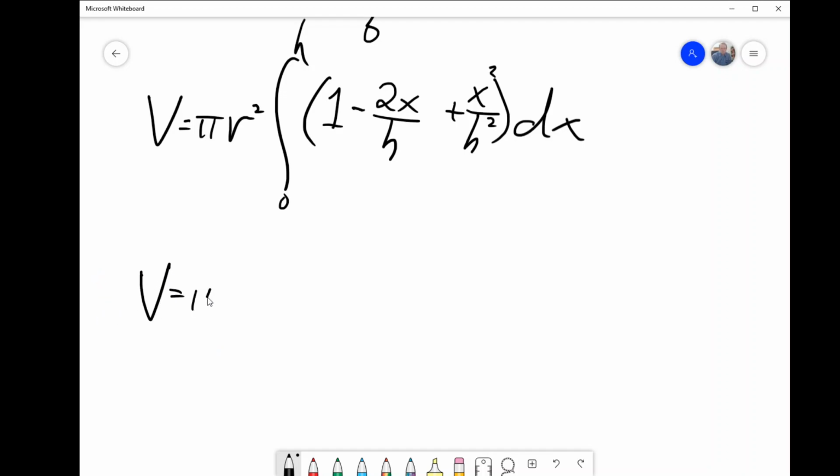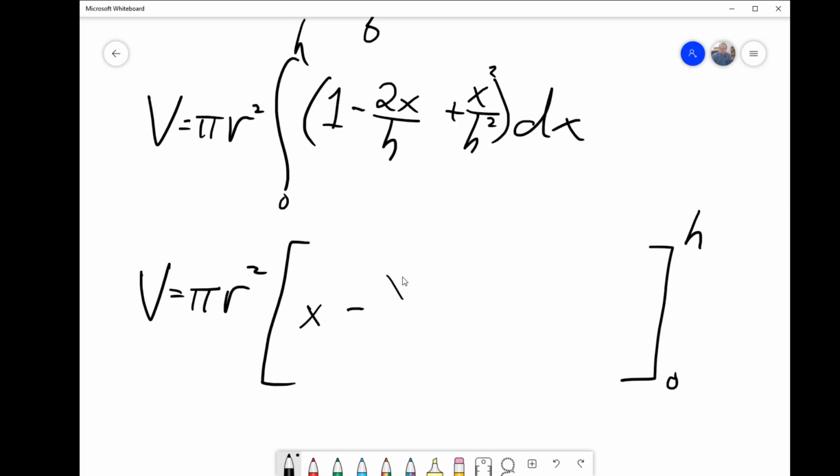So V is pi r squared. And now, taking the integral, the x equals 0 to h comes out here. The integral of 1 is x. The integral of 2x over h is x squared over h, so we have a minus x squared over h.